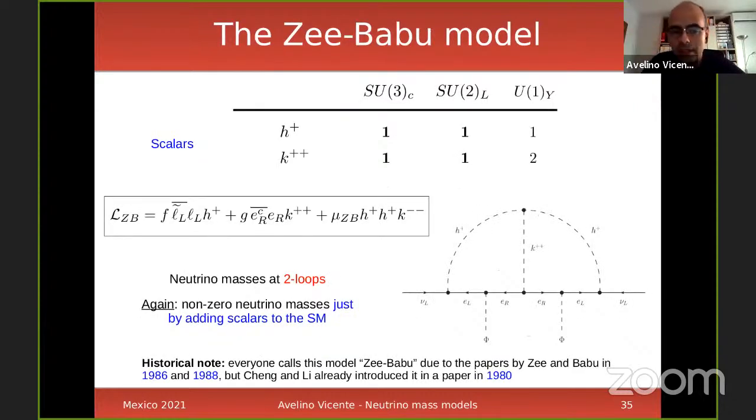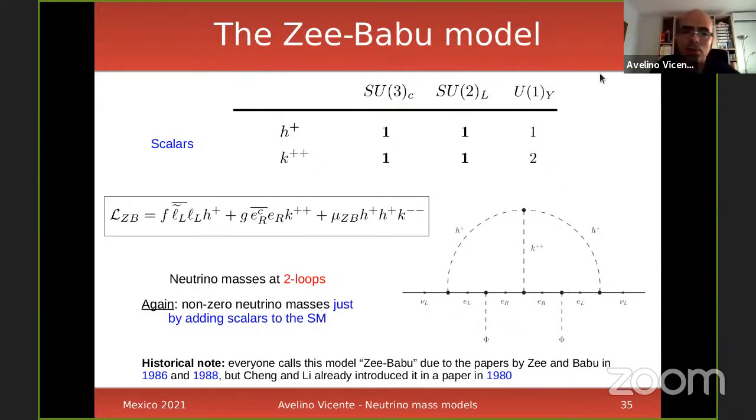A second example of this type of models is the so-called Zee-Babu model, which is called typically Zee-Babu because it was introduced independently by Zee in a paper in 1986 and by Babu in a paper in 1988. But it is funny because Cheng and Li introduced it already in a paper in 1980, and nobody calls it the Cheng-Li model.